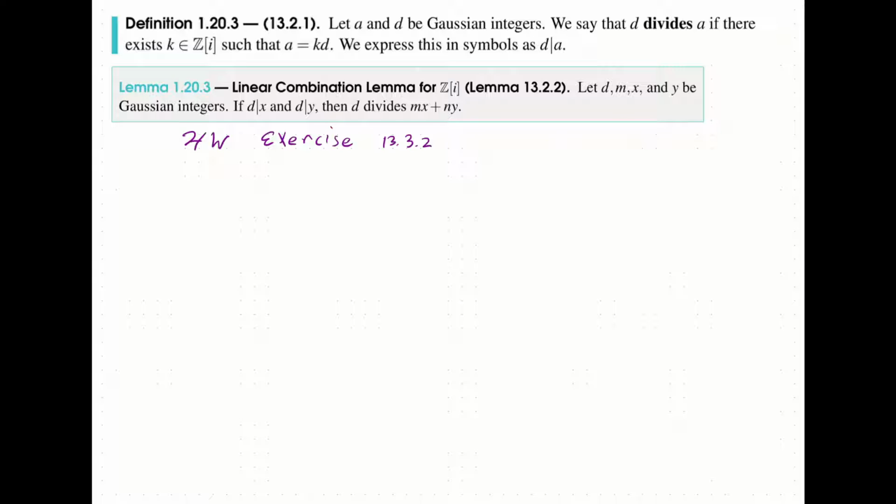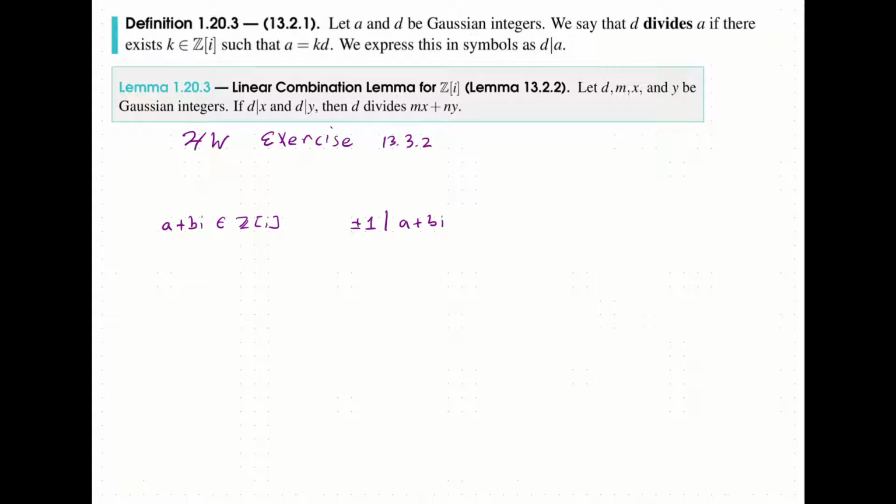Because let's look at the following. If we take a plus bi in the Gaussian integers, we know that 1 divides this, but so does negative 1. And that's true for every integer.